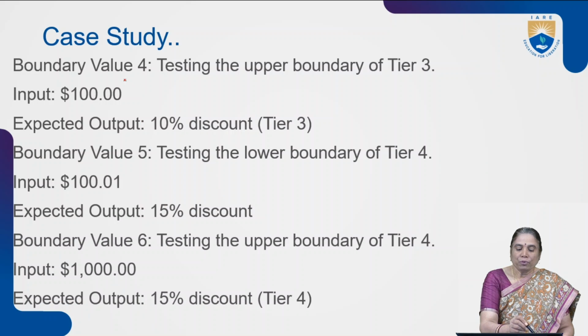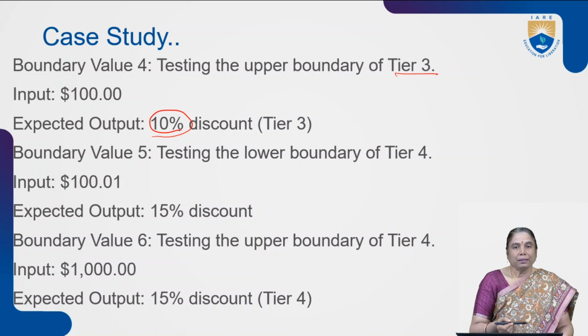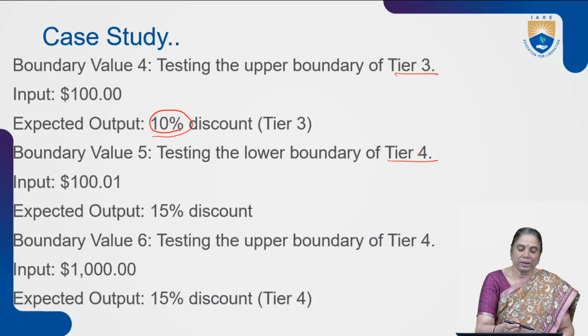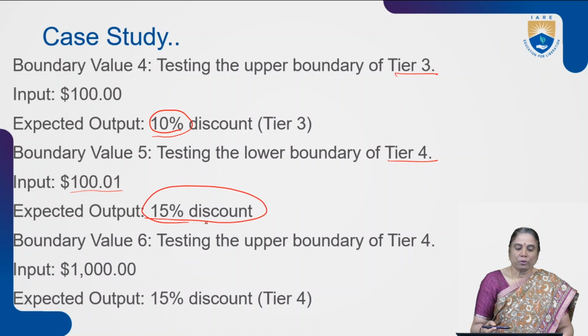Boundary value 4 is for testing the upper boundary of tier 3. So $100. The expected output is 10%. In boundary value 5, the lower boundary of tier 4 is tested with an input value of $100.01. So the expected output must be the 15% discount.